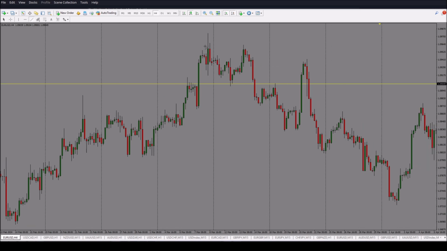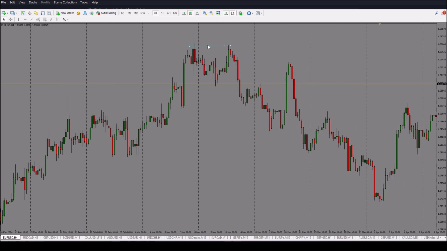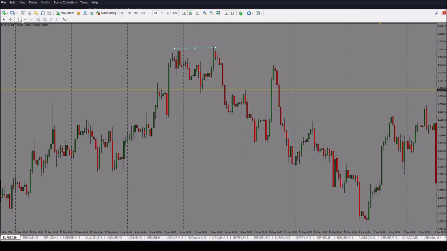In this particular case, we can see there was a phase where we had an M pattern. A clear nameable M pattern was issued. This clear M pattern had its neckline at this particular point, which was later broken.